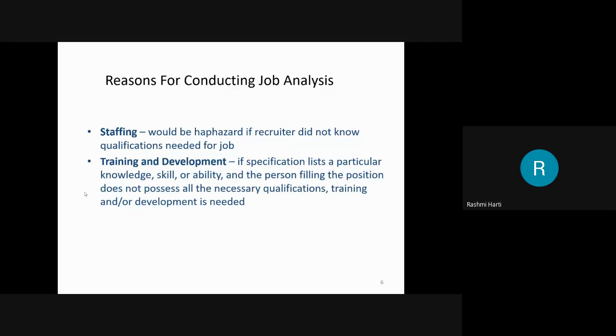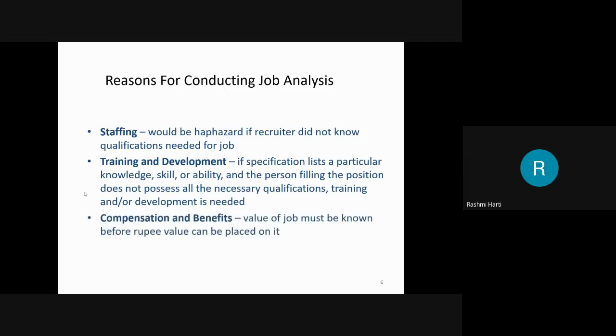If he doesn't possess them, then obviously you have to train that employee in the required knowledge, skill, and ability. If he already possesses the same KSA, knowledge, skill, and ability, then you have to think of the development needed for that person. So in that case, job analysis is really very much required.